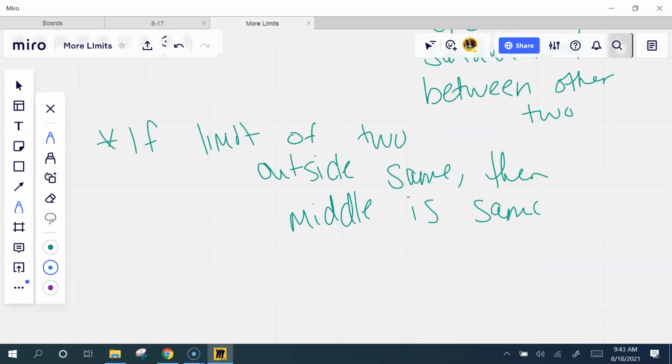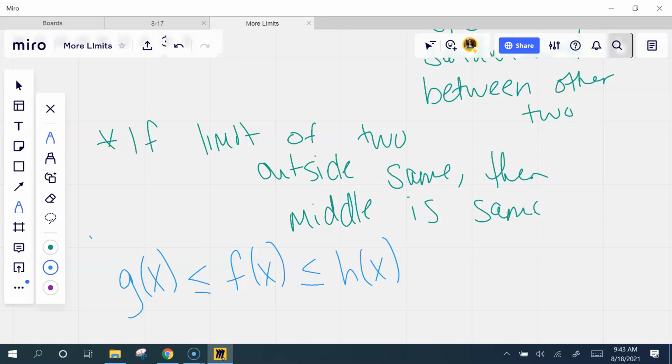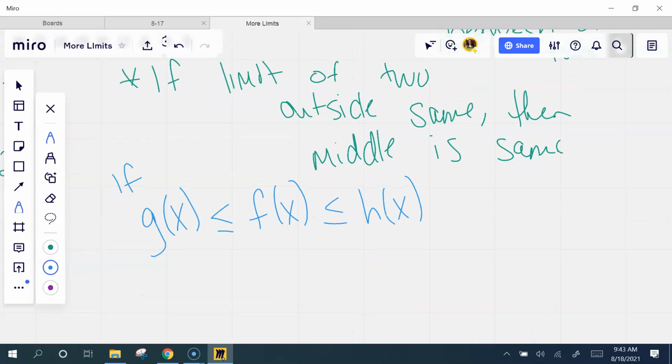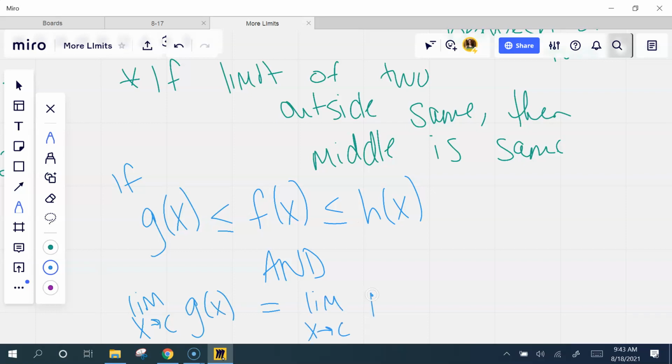Here's what it looks like, first of all, not in words. If this is true, and I'm just going to put a value here.